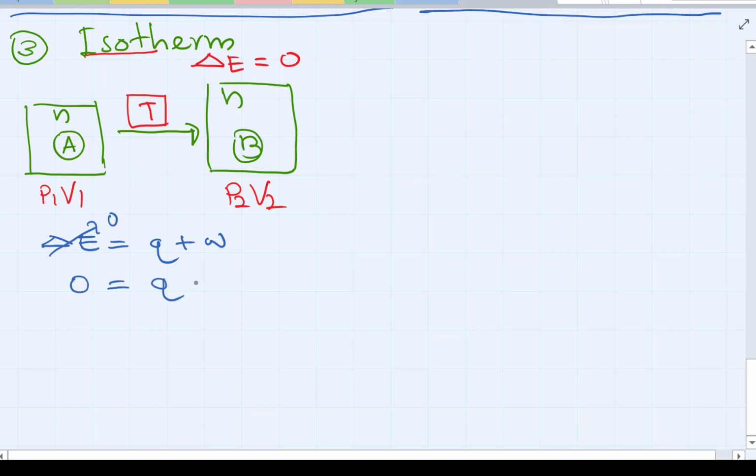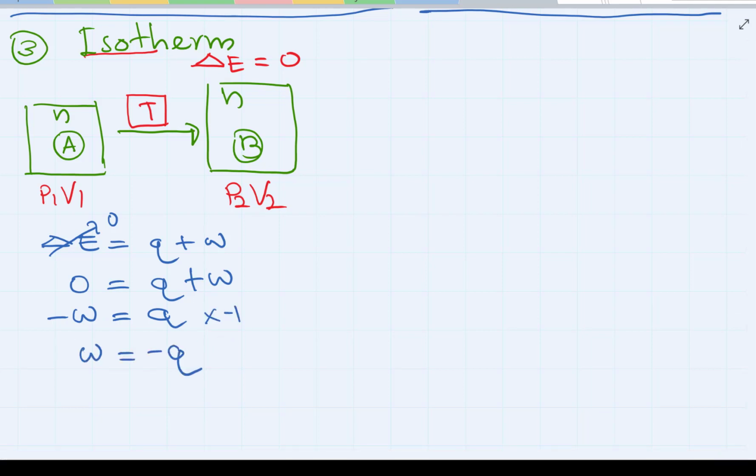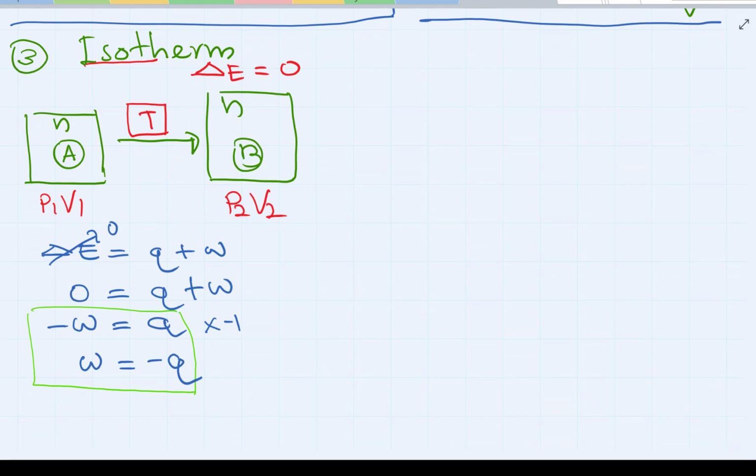So if delta E is 0, then 0 is Q plus W, and minus W is Q. If you want the other way, times by minus 1, you get W is minus Q. Both are correct. You can use it as you need. Remember, energy has a value, but delta E has 0 value.